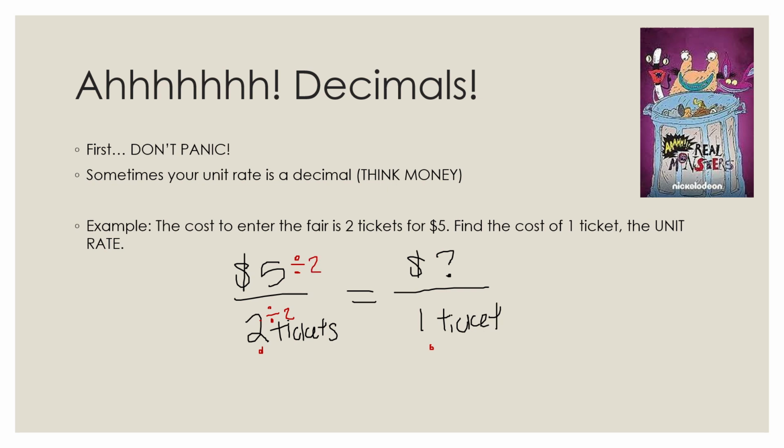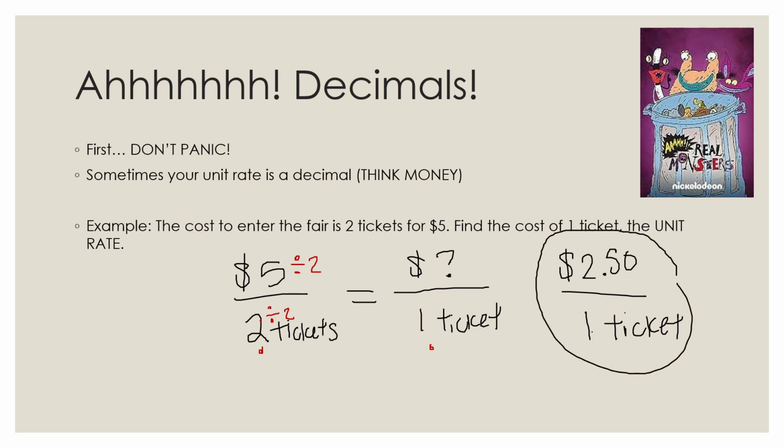This is where we run into a decimal on top of our fraction. Because as we know, $5 divided by 2 is $2.50. But that's okay. We're going to leave it at $2.50 because that is the cost for 1 ticket. This is our ticket unit rate.